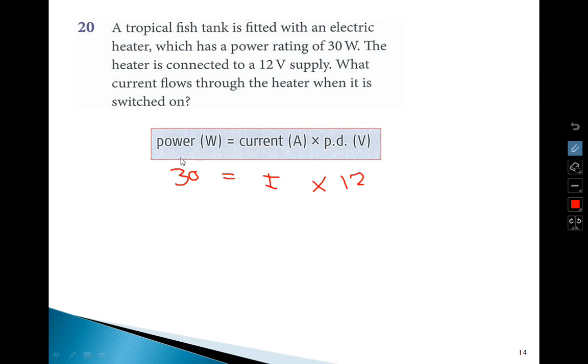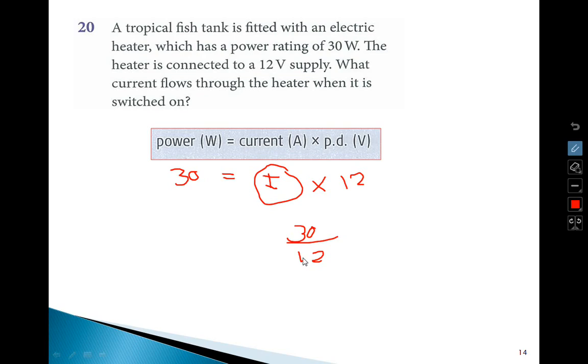So now we write down the equation, substitute the values, and find the unknown part of this equation. So I is equal to 30 over 12, so it will be in amperes.